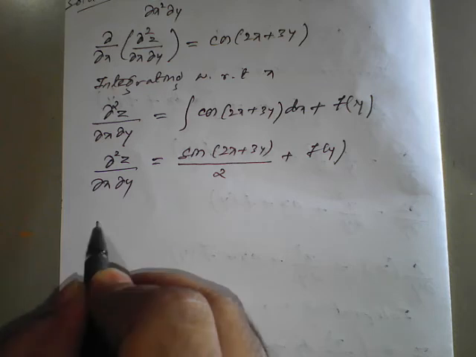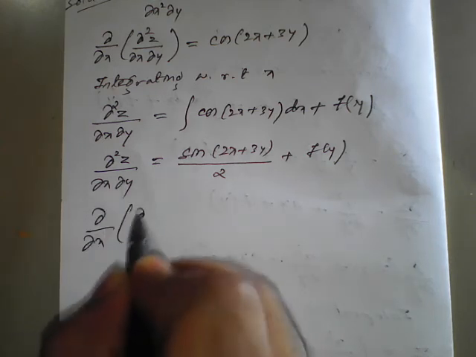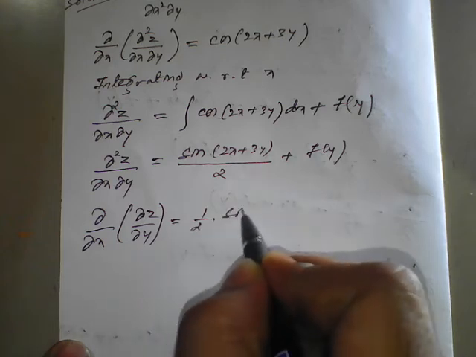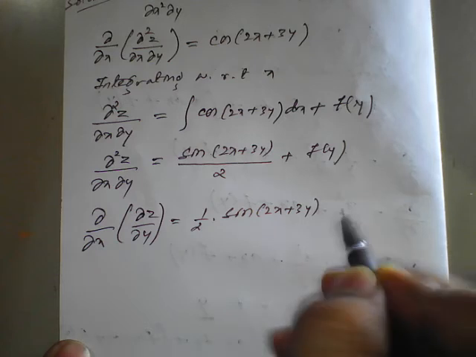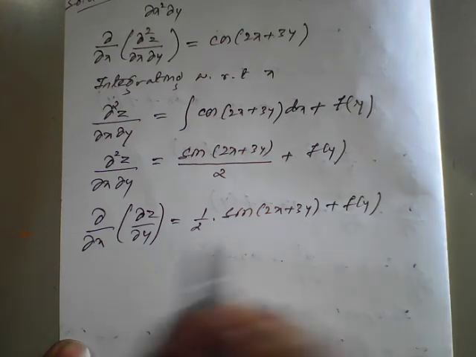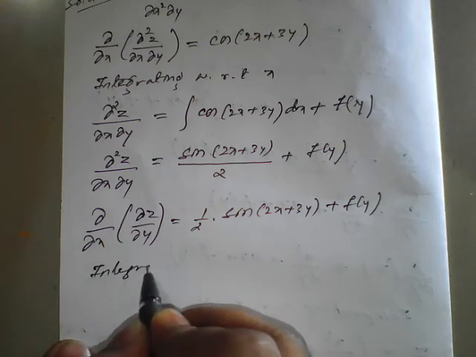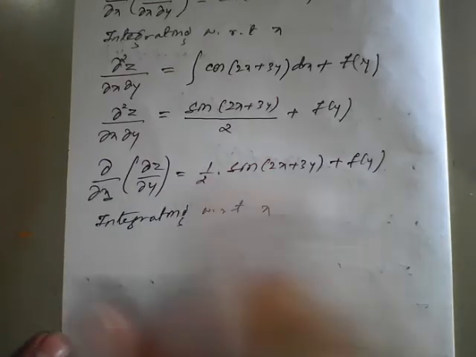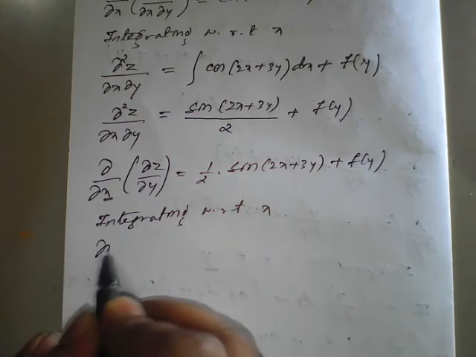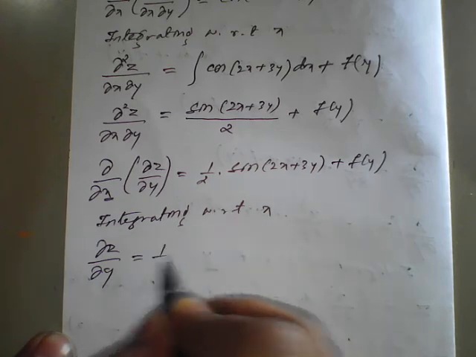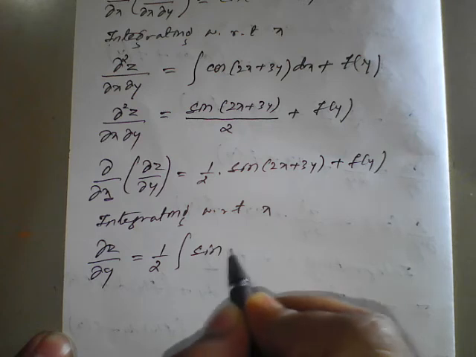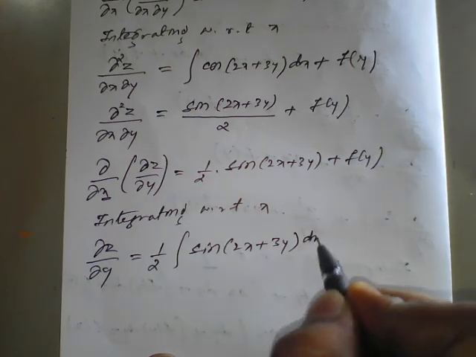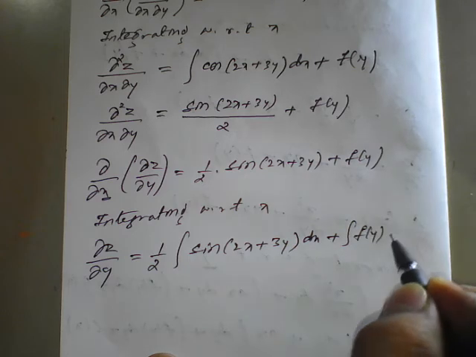Again we rearrange the left-hand side as ∂/∂x of ∂z/∂y, this simplified form, and the right-hand side is 1/2 sin(2x + 3y) plus f(y). Now we integrate with respect to x. The ∂/∂x will be eliminated, and ∂z/∂y is left, equal to 1/2 the integration of sin(2x + 3y) dx, plus the integration of f(y) dx.